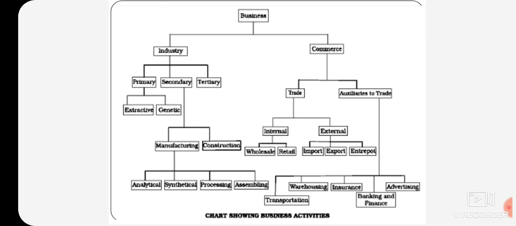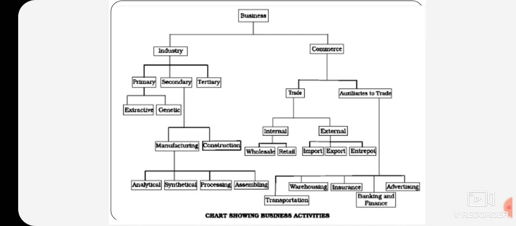So again, in case of trade, we are going to classify two types of trade, that is internal trade and external trade. Again, in case of internal trade, there are two types of trade, that is wholesale trade and retail trade. In case of external trade, there are three types. One is import trade, export trade, and entrepot trade.